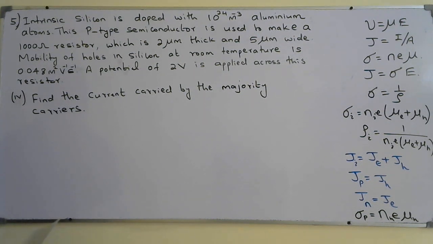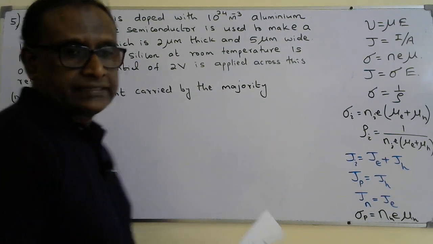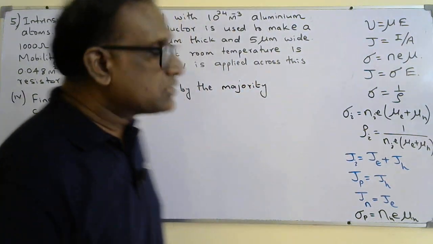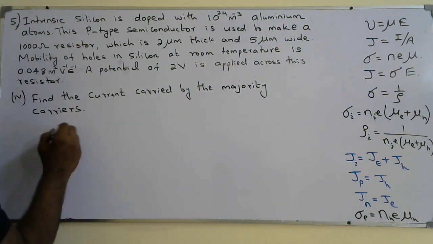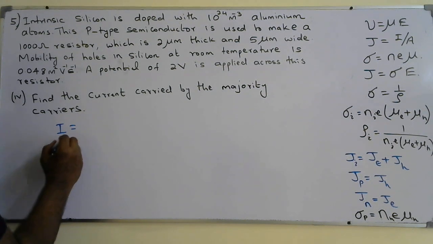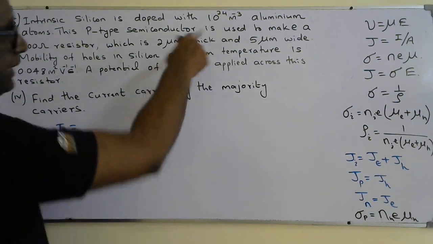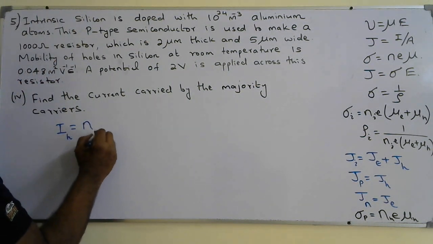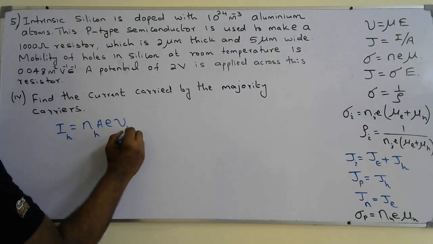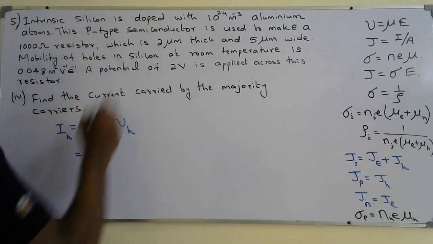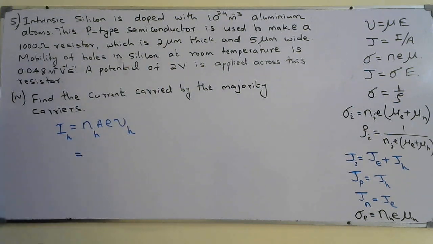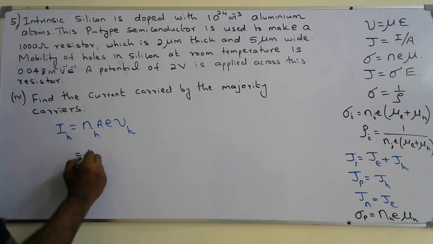Okay, the last part of this question: find the current carried by the majority carriers, here holes. We know the transport equation I equals N A e V D. Since it is a p-type semiconductor, IH is equal to NH A e VH. NH is 10 to the power 24 because it is doped with 10 to the power 24 per meter cube aluminium atoms, so the hole concentration is 10 to the power 24.